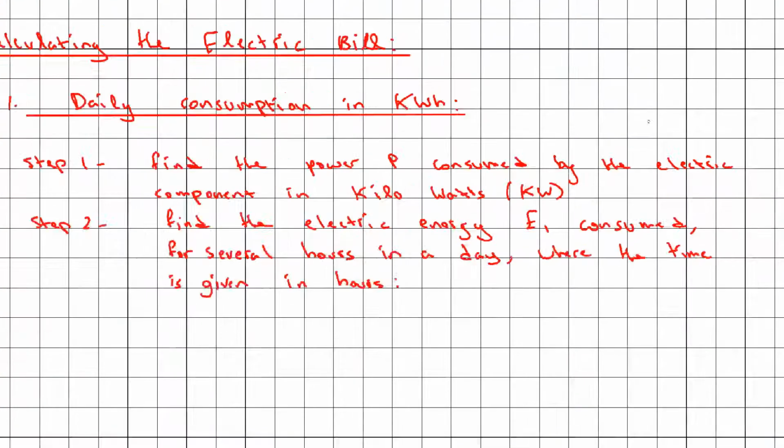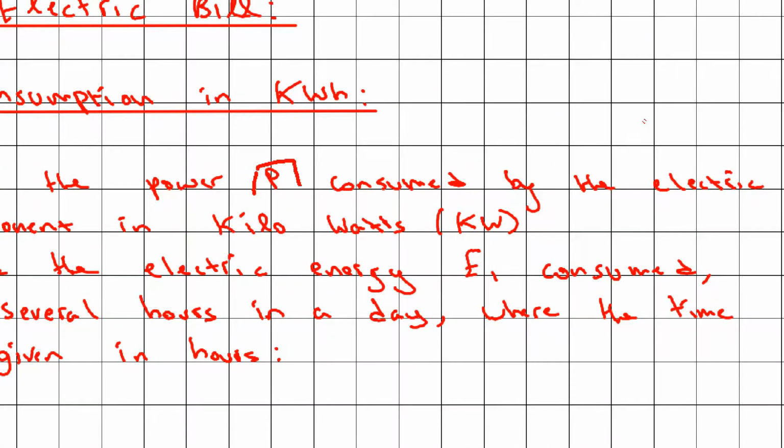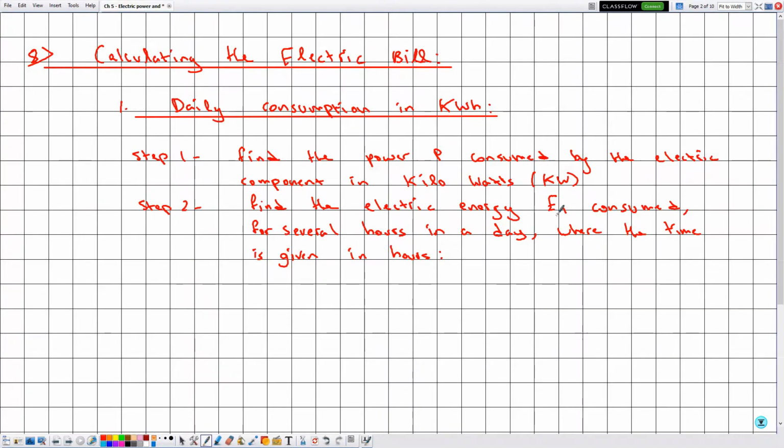So after we have converted P to kilowatts, now we need to calculate the electric energy consumed by this electric appliance for 1 day. We know that E and P are related by E equals P times T, and here E carries the label 1 because we are calculating the electric energy consumed per 1 day.